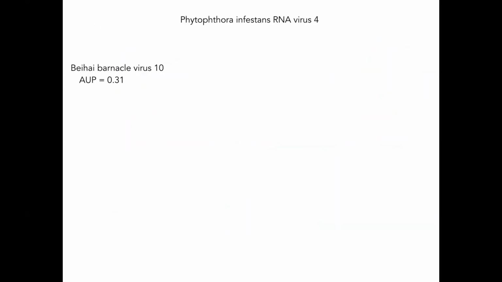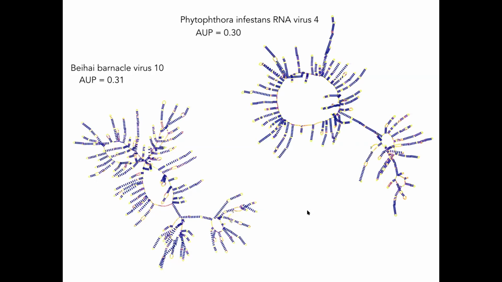So if I go down another branch of the narnovirus family, their AUPs are maybe not as low as those other ones, but they have some crazy structures too. And so I have nothing really more to say, but I just wanted to show Eterna players this and hope that there can continue to be as many crazy structures and interesting hypotheses going forward as possible.